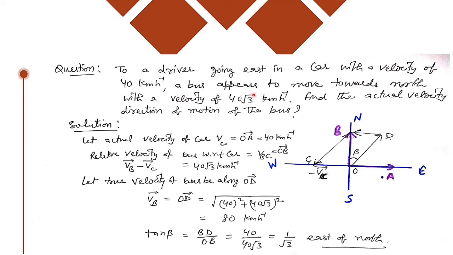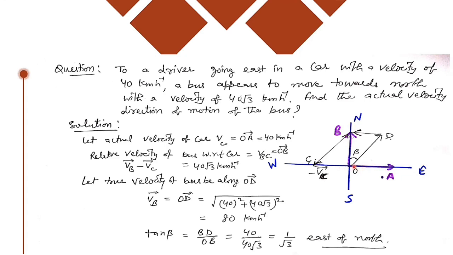A bus appears to move towards north with a velocity of 40√3 km per hour. You have to find the actual velocity and direction of motion of the bus.